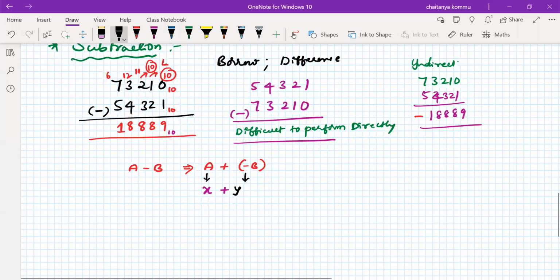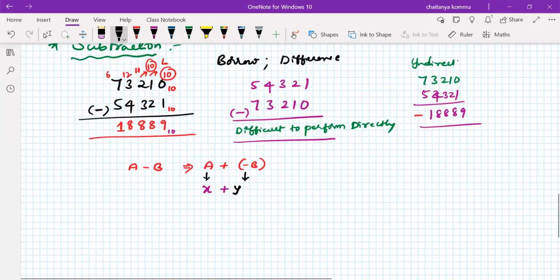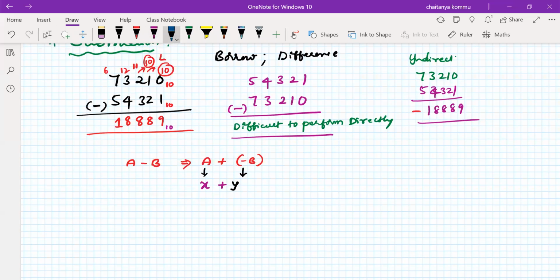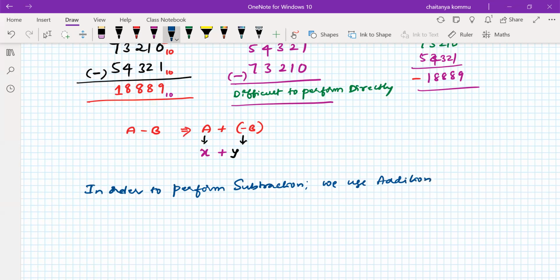There are different ways that we can represent negative numbers. So in order to perform subtraction, we use addition only.